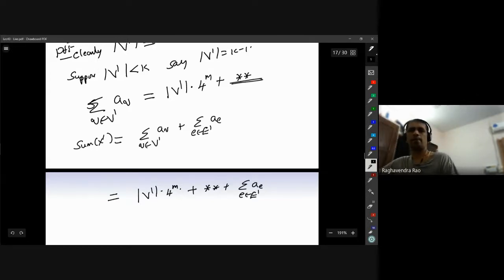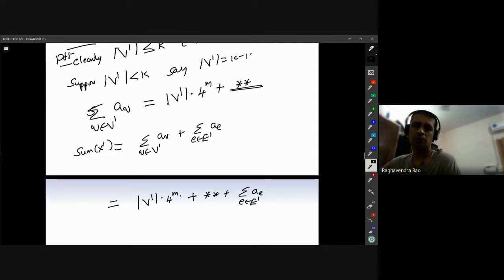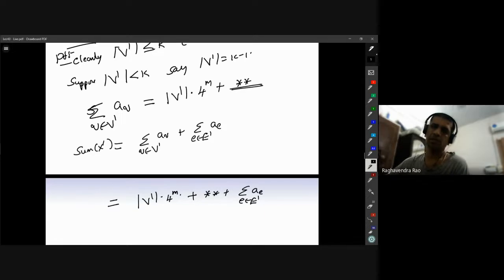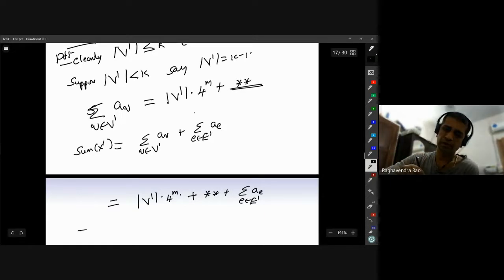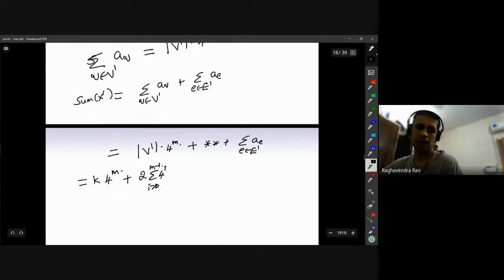Now we want this to be k into something, right? We know that this is equal to k into 4 power m plus 2 into summation 4 power I, I equal to 0 to m minus 1.